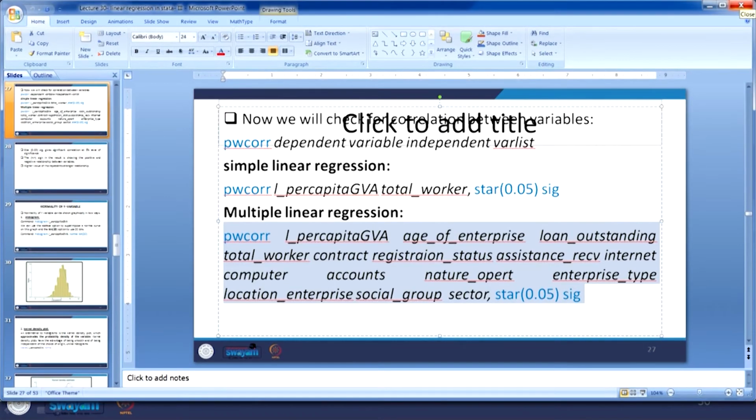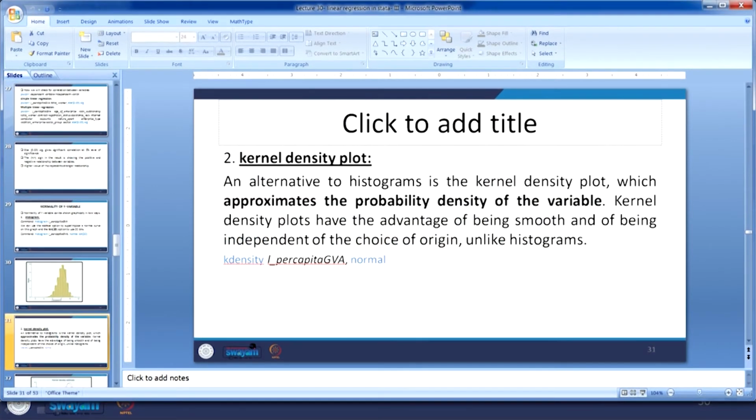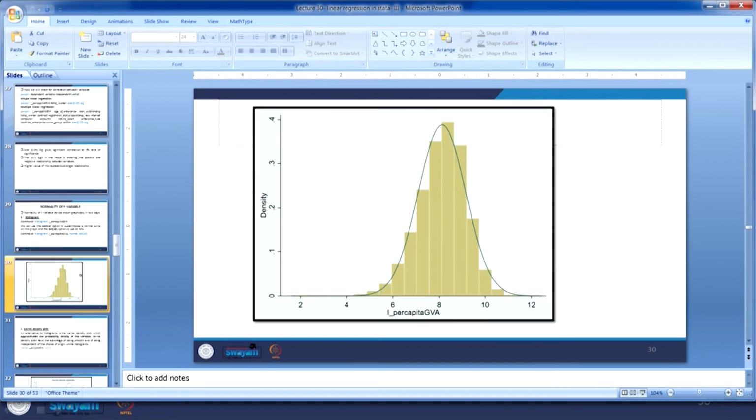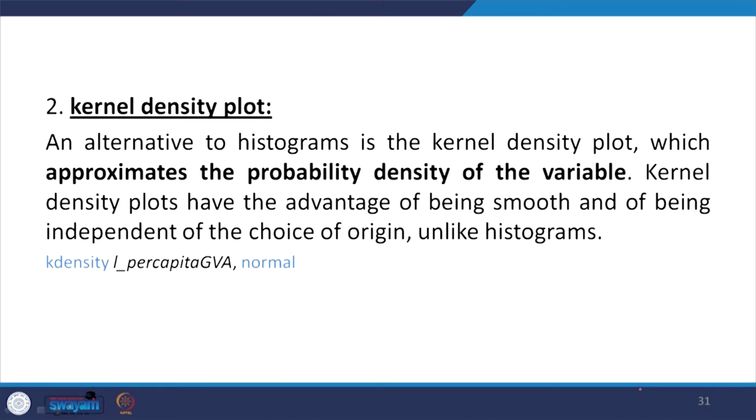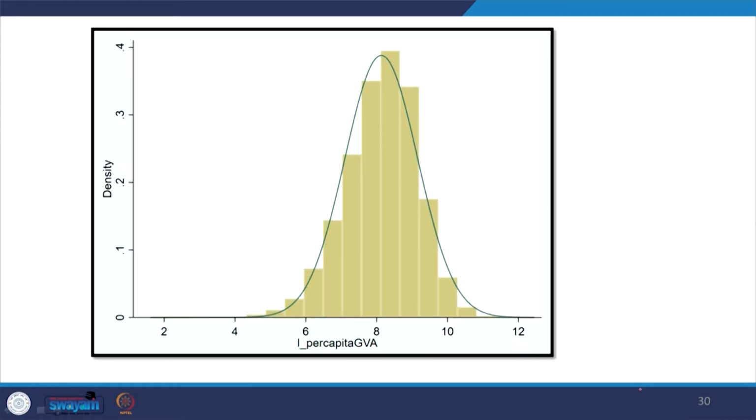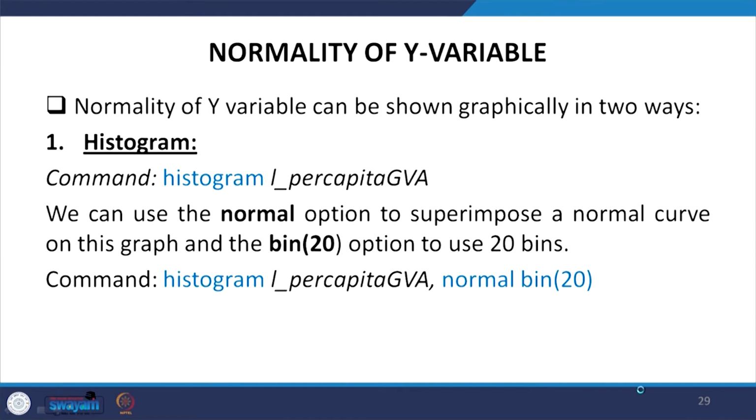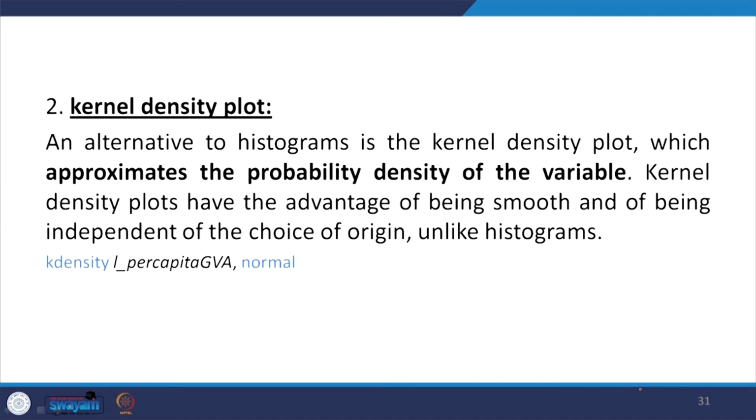All right. So, here we are trying to explain the normality diagram that we have done. Now, I am going to discuss another approach of understanding the distribution. The kernel density plot is an alternative to histograms, and it approximates the probability density of the variable.